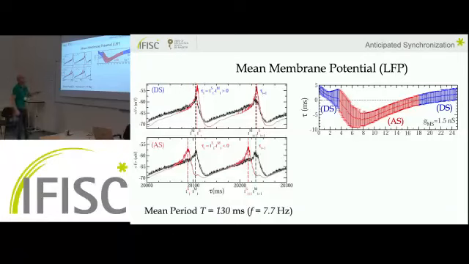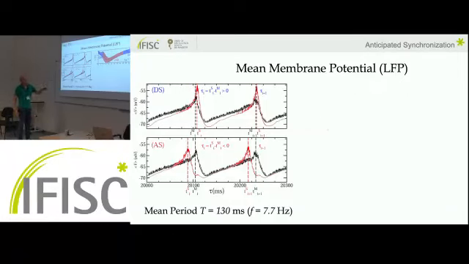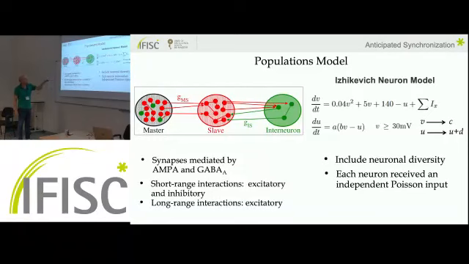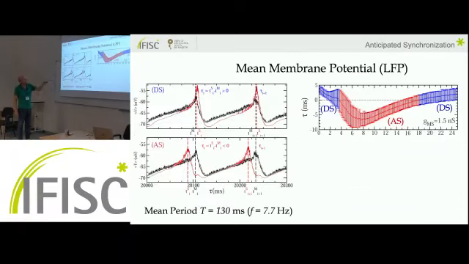In fact, if you change the inhibitory conductance, the important parameter is the inhibitory conductance from this population to this one. You can go from delay synchronization to a region of anticipated synchronization and go back to delay synchronization. So by changing this parameter that can be controlled, you can move from one to the other.